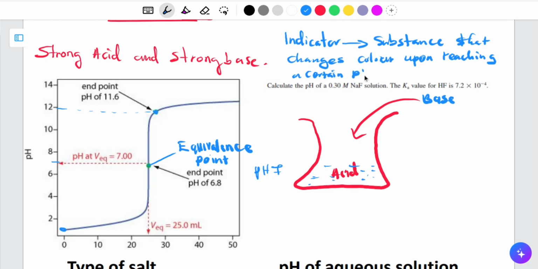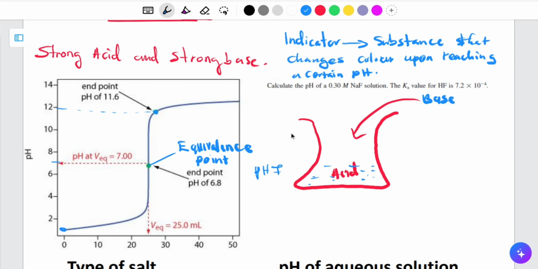So that is an indicator. Then the equivalence point is just a point or a pH at which the solution is going to be neutral, for a reaction between a strong acid and a strong base. That is the equivalence point.